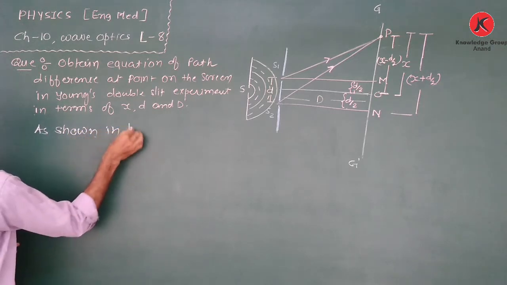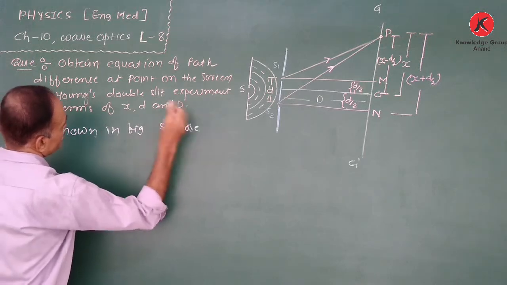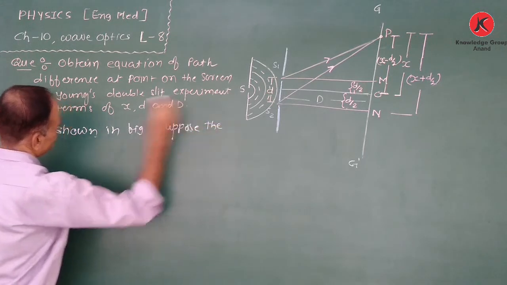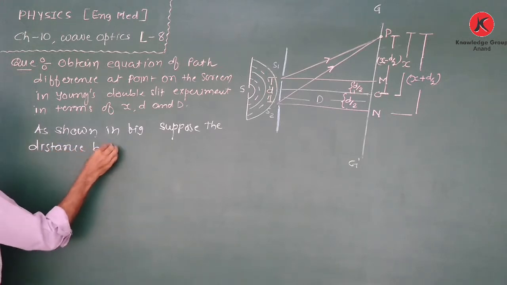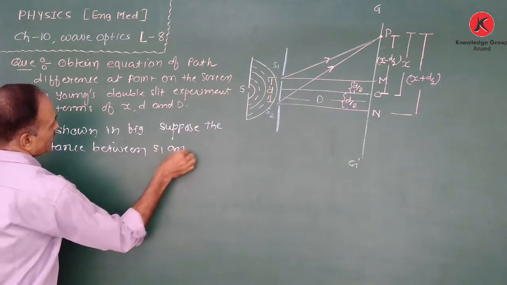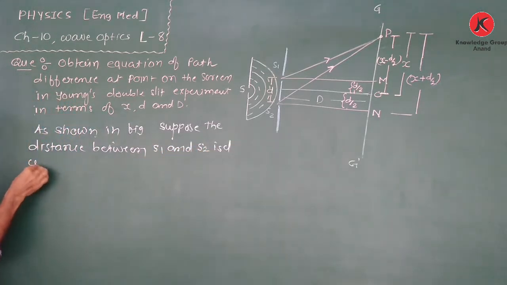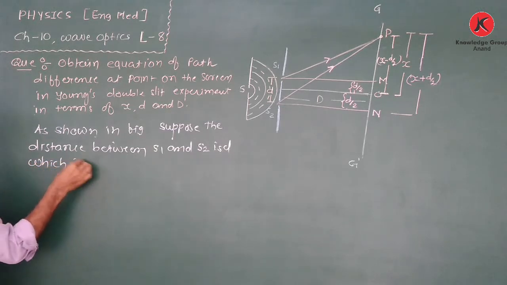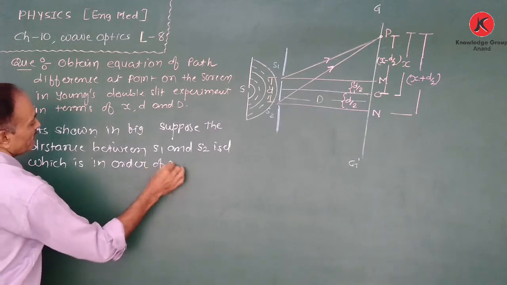As shown in the figure, suppose the distance between S1 and S2 is small d, which is of the order of a millimeter.